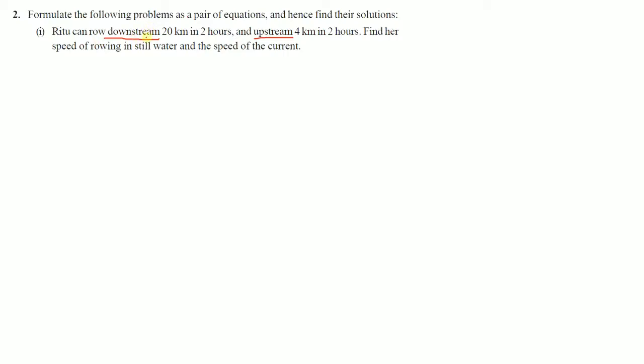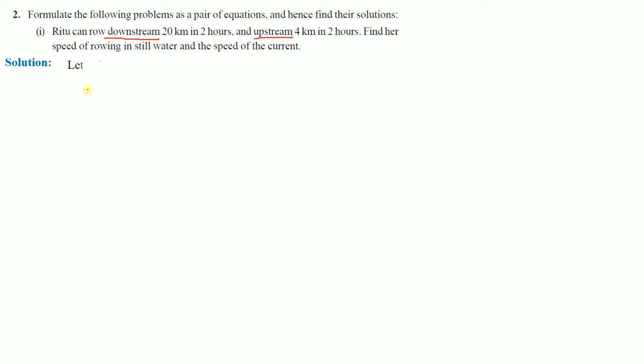When the sailor is rowing in the direction of the current, then the speed of the sailor plus the speed of the current is taken as total speed, while when he rows in the opposite direction of the current, then their speeds will be subtracted. So that is the only concept which will be helpful in solving this question.